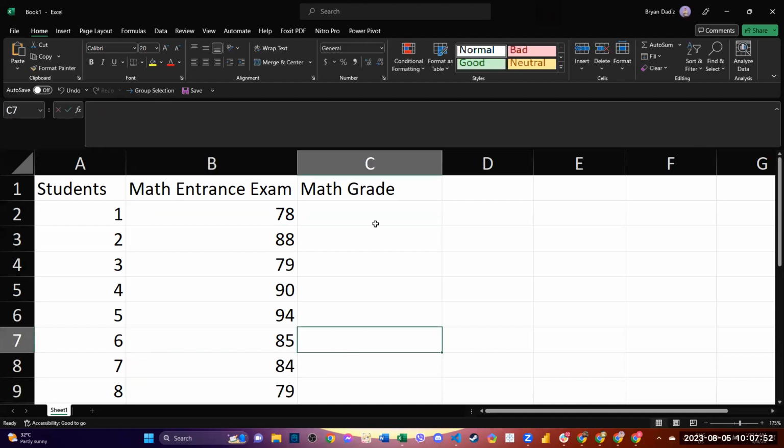And then on their previous math grades also, here is their data.